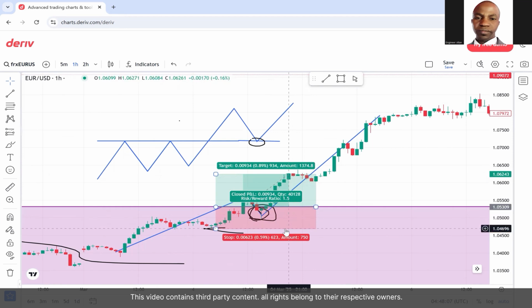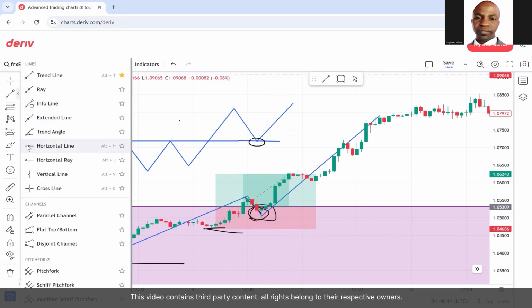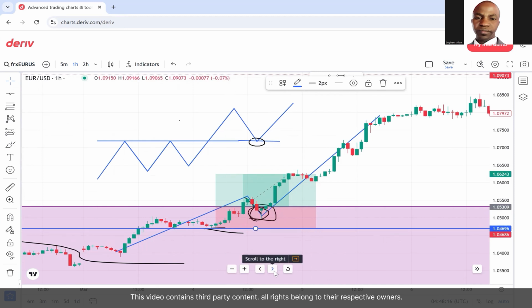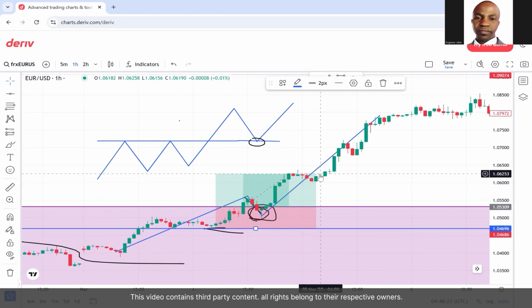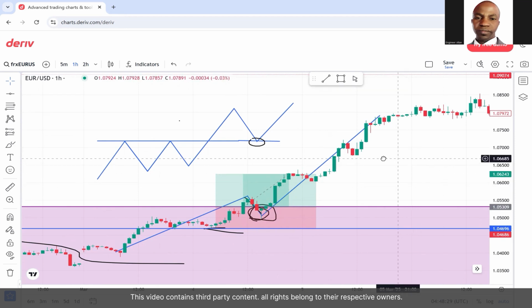Then your stop loss should be at this particular area, as you can see here, around 1.04, so that you have a 1 to 1.5 risk to reward ratio.